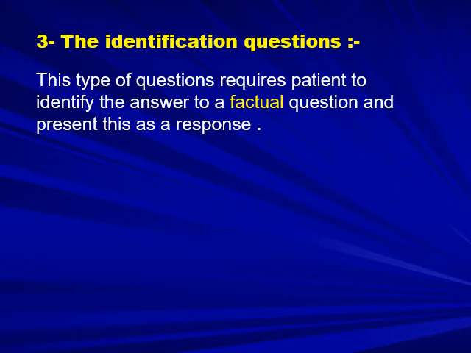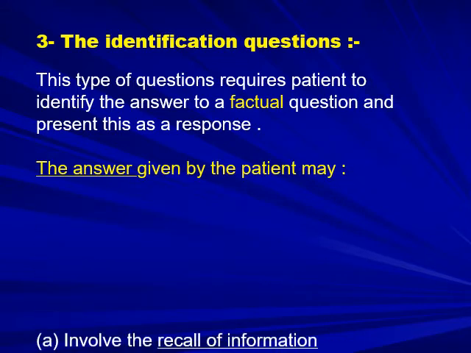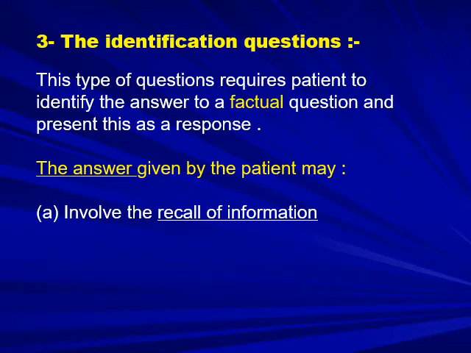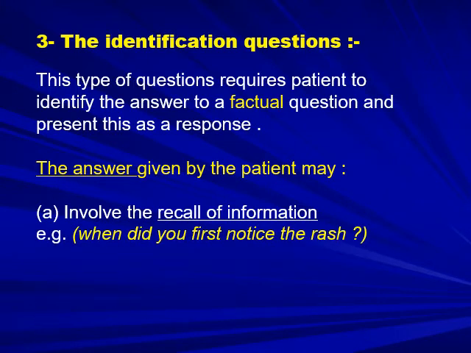Let's see the example, it will be clearer. The answer given by the patient may involve the recall of information, because he will talk about a specific fact, he will recall information. For example, when did you first notice the rash? The question I asked is a closed question, talking about a fact, the skin rash. It requires recalling specific information.